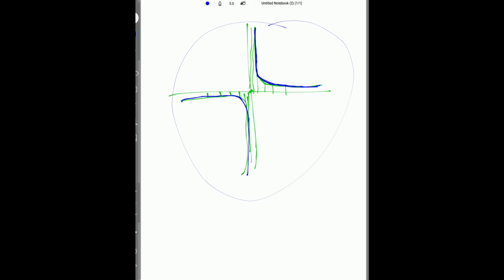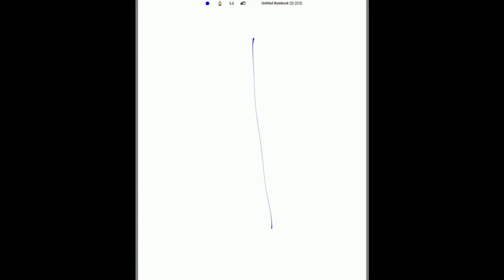And then let's look at another reminder of a function whose limit does not exist as x approaches a number. We looked at functions whose right hand limit is not equal to their left hand limit.